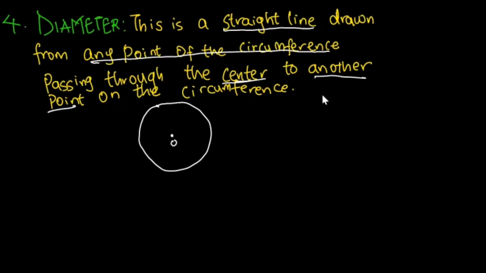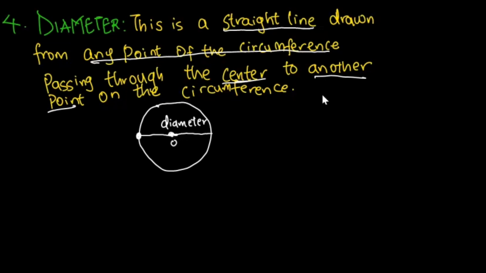So what does it mean? The line starts from, let's take this as a point, a straight line. It passes through the center and it does not stop there, because if it stops at the center, it is a radius. It then passes to another point of the circumference. So this line is what is known as a diameter.